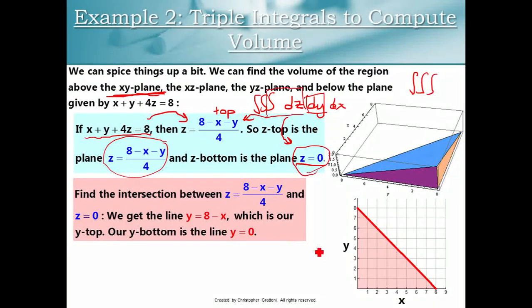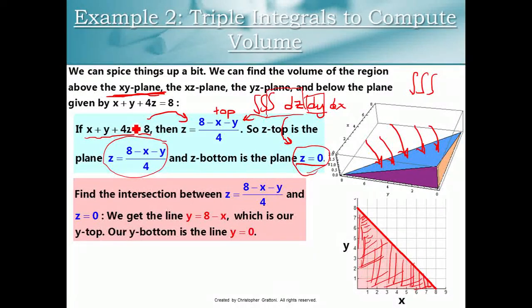And what you want to imagine is, just pretend you have a projection of this region. Kind of pretend you're looking down on it from above. So imagine looking straight down upon this little pyramid thing. That projection of that region on the xy plane would look like this triangle that we have here.